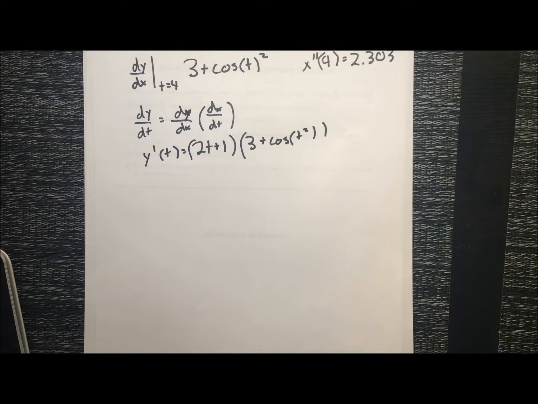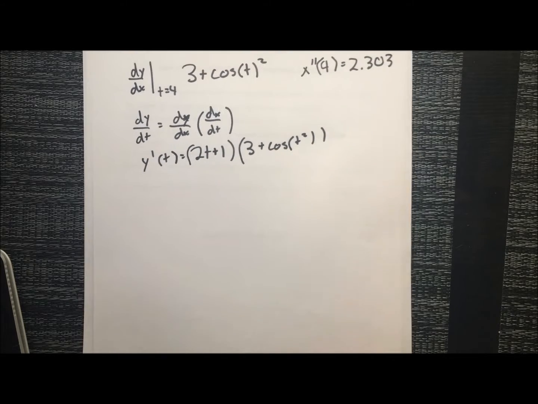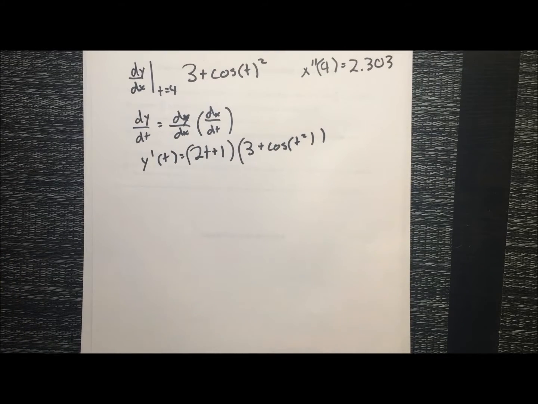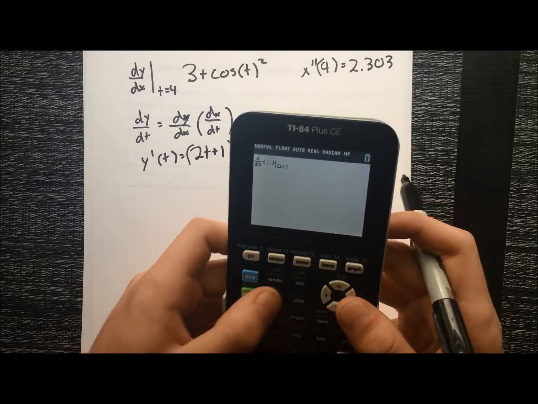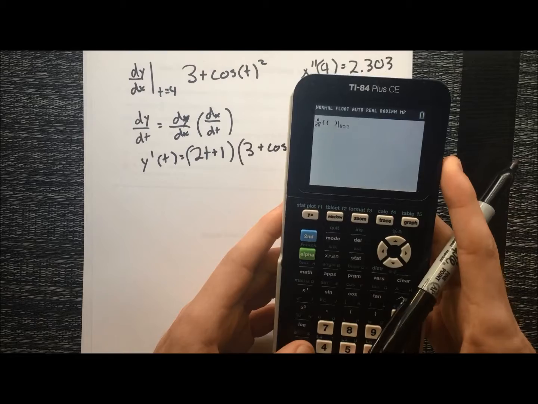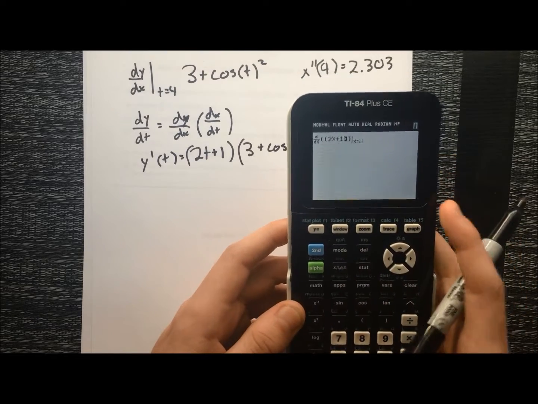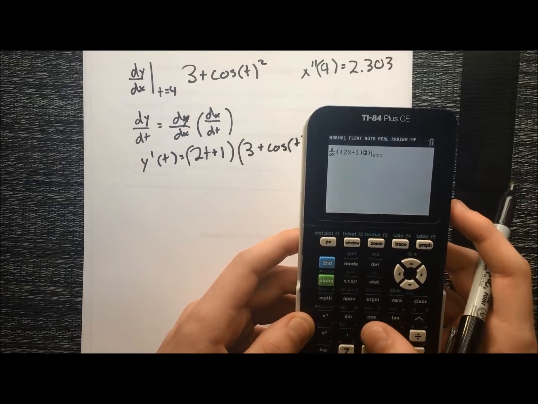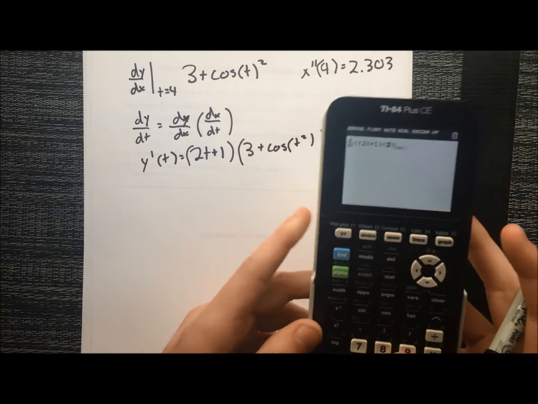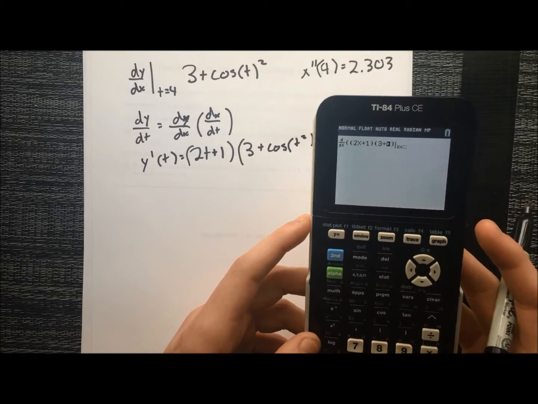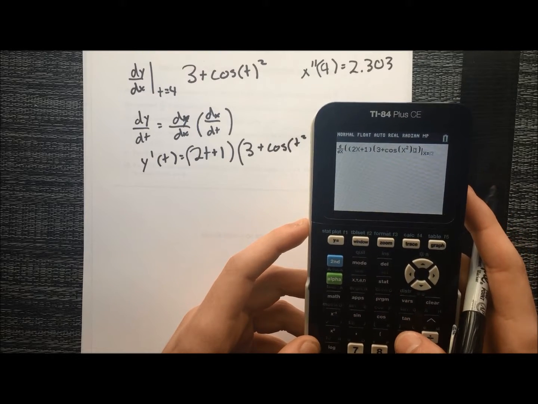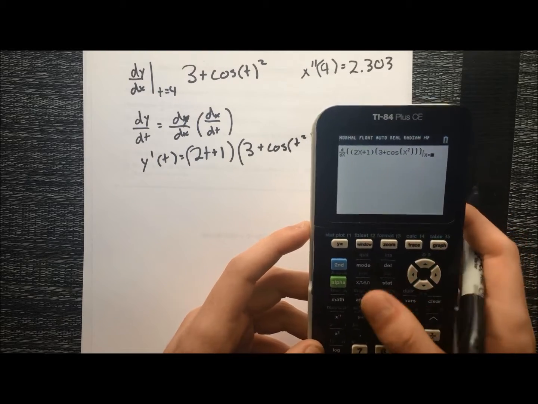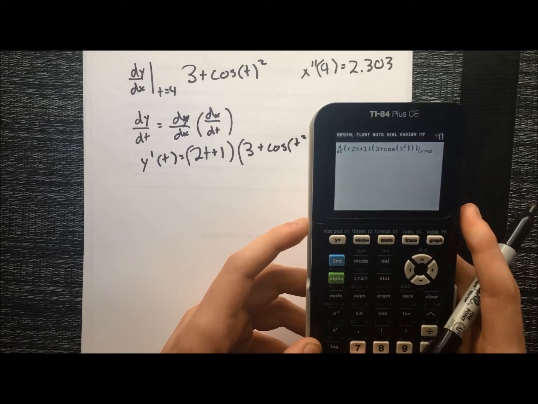Now we can solve for y double prime of 4 the exact same way we did for x double prime of 4. So again, we choose the derivative of 2x plus 1 multiplied by dx over dt, which is again 3 plus cosine of x squared, at x equals 4.